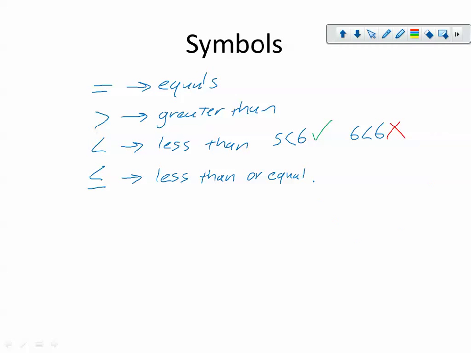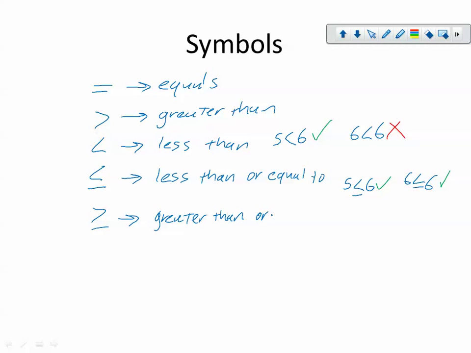Whereas this one down here, 5 is less than or equal to 6 is a true statement, but 6 is less than or equal to 6 is also a true statement. So that's the only difference between them. But like I said, you should know that because that's an old thing.